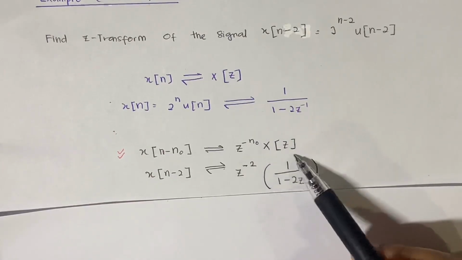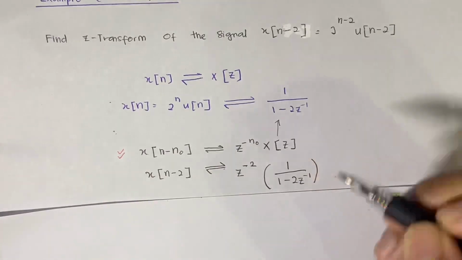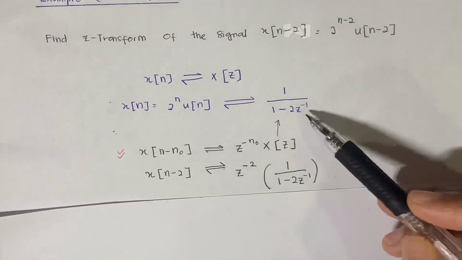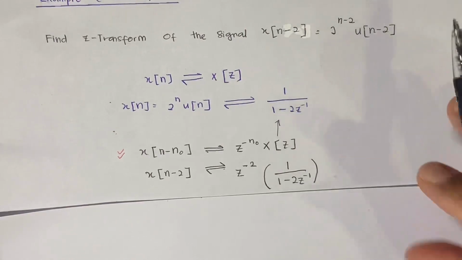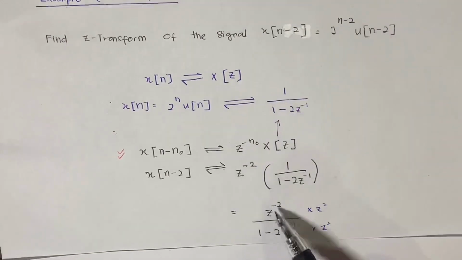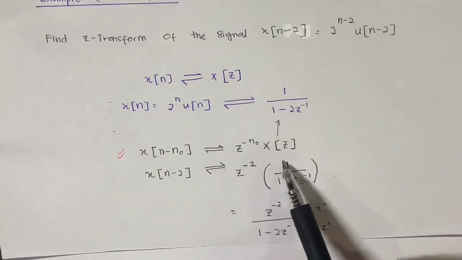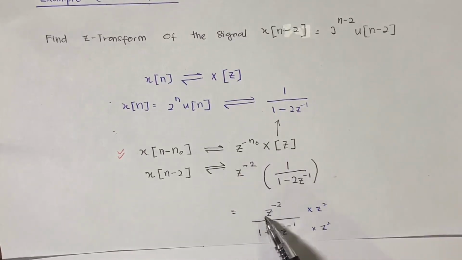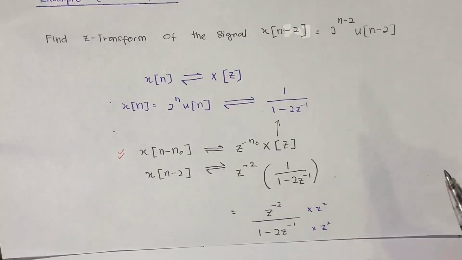X(z) you get from this Z transform equation, so just put it here. You will get the answer like this: z to the negative 2 multiplied with X(z), so z to the negative 2 divided by 1 minus 2z to the negative 1.